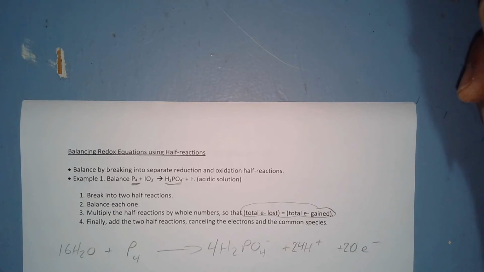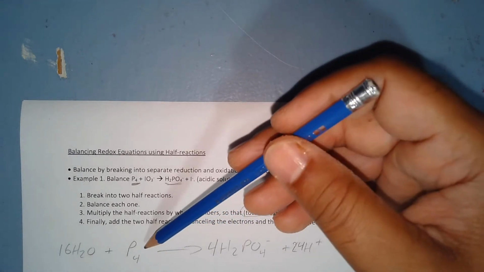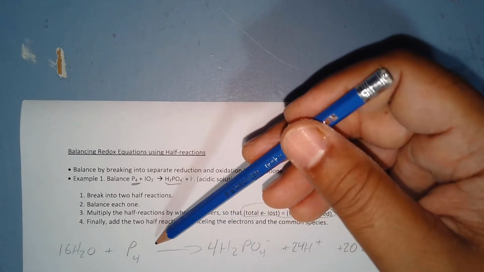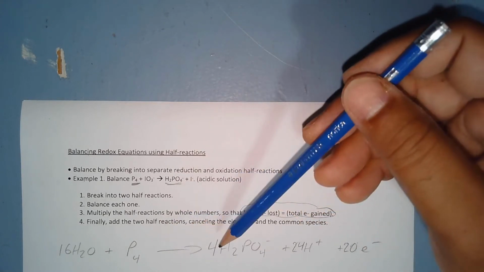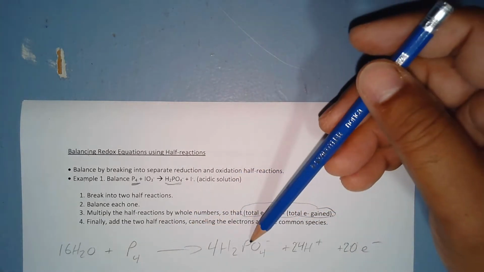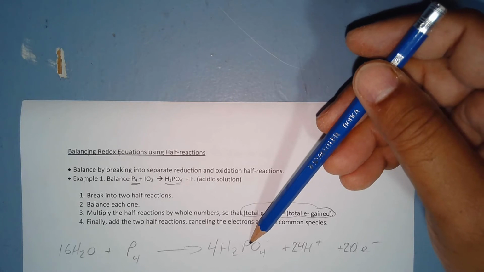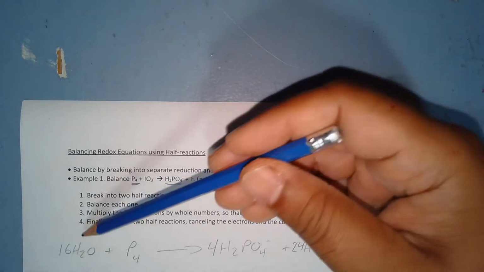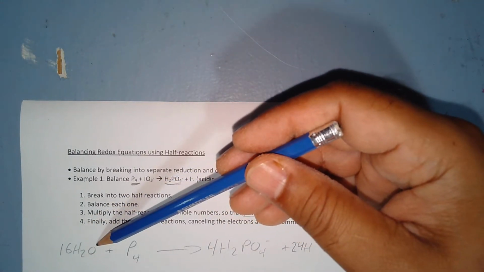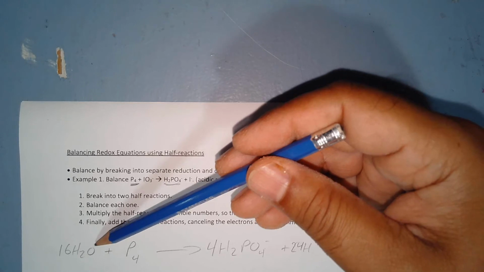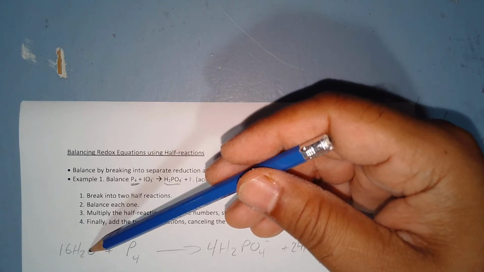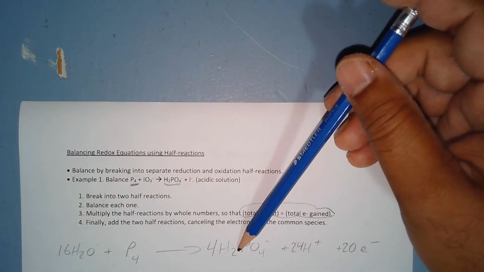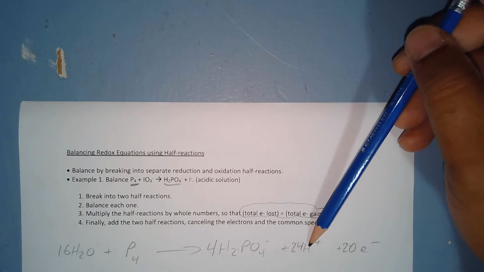You have 4 phosphorus. Remember the method: we balance major atoms first, so we multiply this one by 4, so the phosphorus is 4 on this side. Then you look at the oxygen. You have 16 here, so we add 16 waters. Then you have 32 hydrogens here and 8 hydrogens here, so we add 24 H pluses.